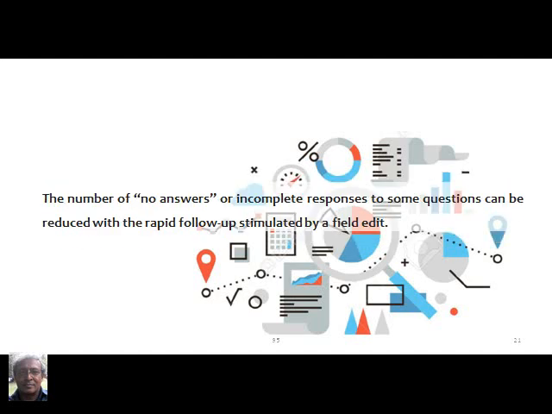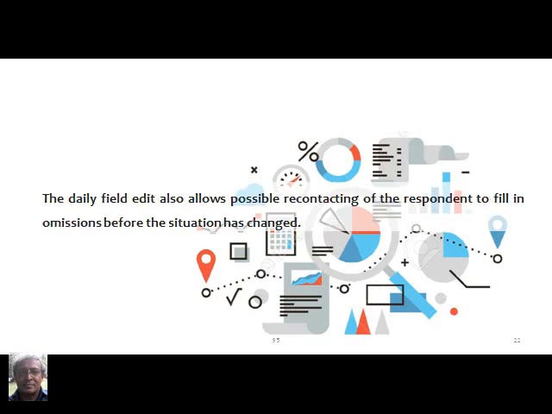The number of no answers or incomplete responses to some questions can be reduced with the rapid follow-up stimulated by a field edit. The daily field edit also allows possible recontacting of the respondent to fill in omissions before the situation has changed.